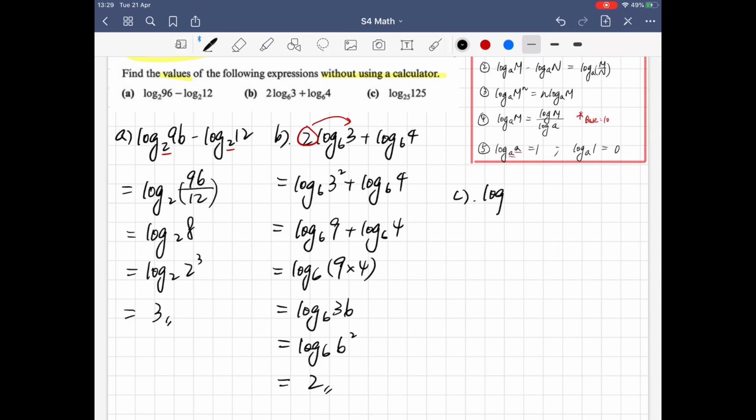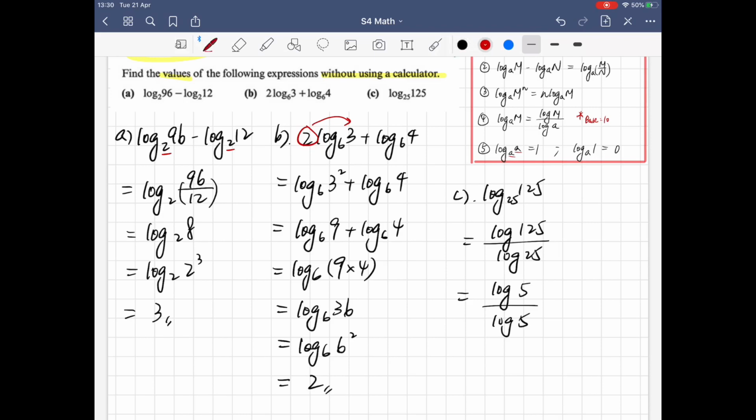And finally, for part C, we have log 125 with base 25, and we are going to use the property 4 so that we can separate it into log 125 over log 25. And then for both 125 and 25, we can change it into exponential form with the base 5.